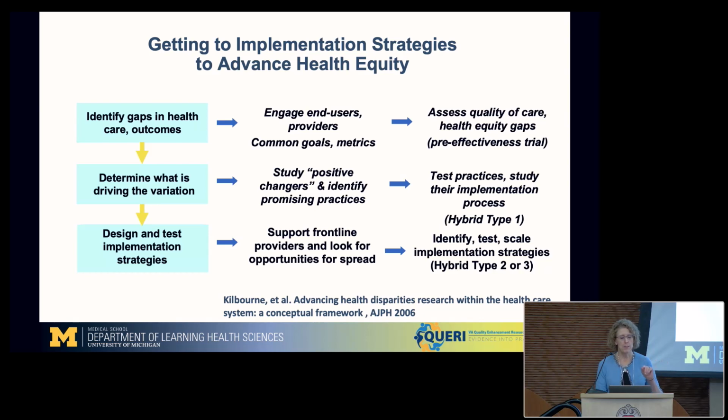You test practices and studies that you do, the implementation process. So that's like your hybrid type 1 phase. You're doing an effectiveness trial, but you observe how the actual treatment gets implemented. And then a hybrid type 2 or 3 is identifying, testing and scaling up implementation strategies. So that's sort of a way of thinking schematically about how you get from your effective intervention to your first implementation study.